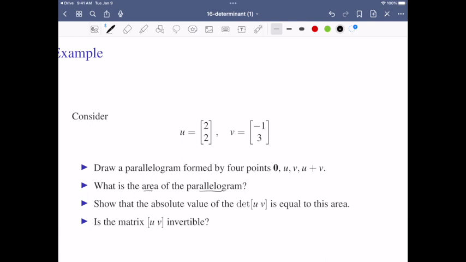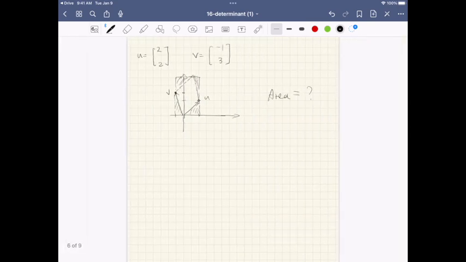Now we're going to compute this area in a different way, using the determinant. The area of the parallelogram is the same as the absolute value of the determinant of the matrix [u v], where u is (2, 2) and v is (-1, 3).